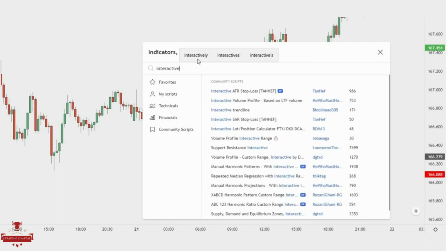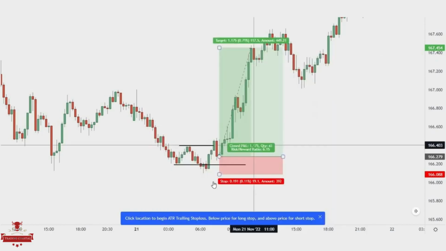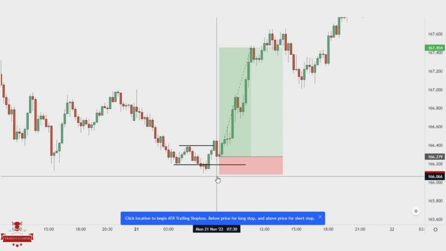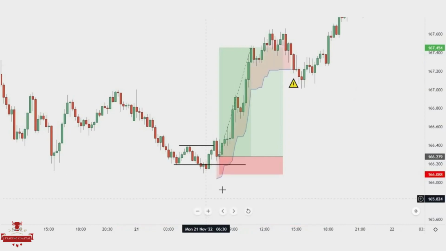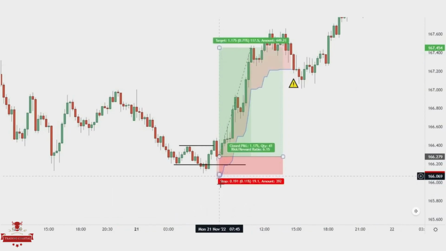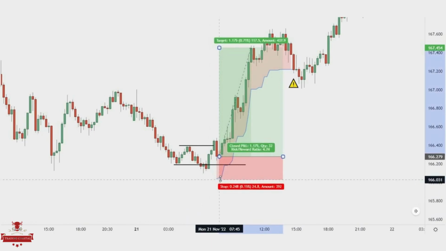The second ATR indicator that we are going to present in this video is the interactive ATR stop loss indicator. After choosing it, we must place it below price for a buy trade and above the price for a sell trade. In this example we have a buy setup, so we are going to click below the red bearish candle.